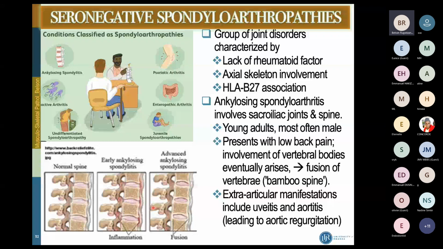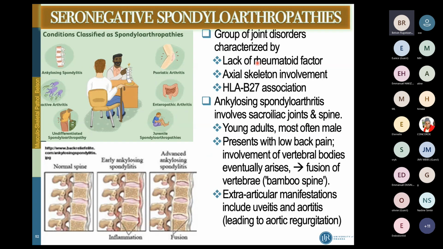Seronegativity means that when you do serology or immunology, you don't find a rheumatoid factor, or any other cause of the inflammation. So this is a group of joint disorders characterized by a lack of rheumatoid factor, with skeleton involvement. While rheumatoid arthritis usually affects small joints, these affect the skeleton, meaning the axis of the person, from the head down to the vertebrae, the chest and so on. Those are what we call axial bones.